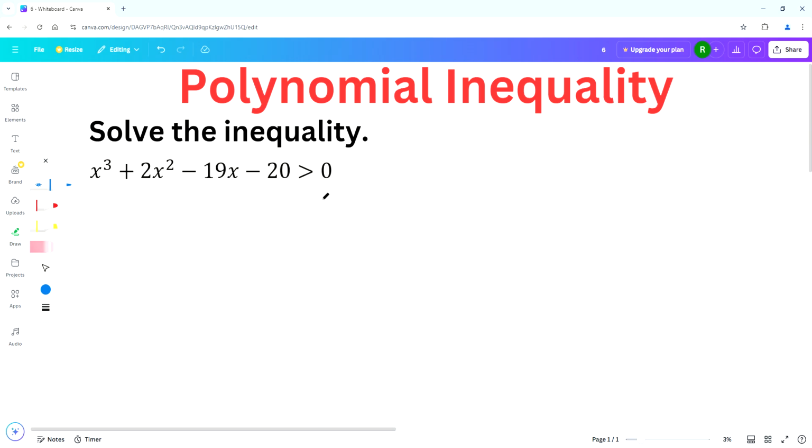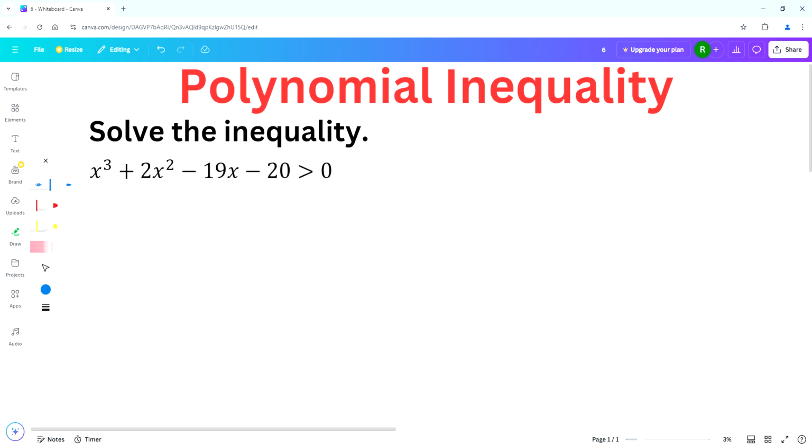The first step is to factor this cubic polynomial. We cannot use the grouping method to factor this cubic polynomial, so we have to use the rational roots theorem. The leading coefficient is 1 because the coefficient of the x cubed term is 1. So the possible factors can be found using the factors of the number term, -20.